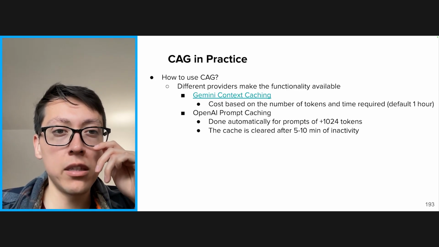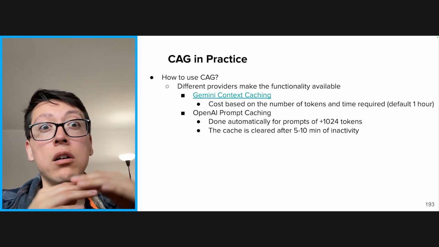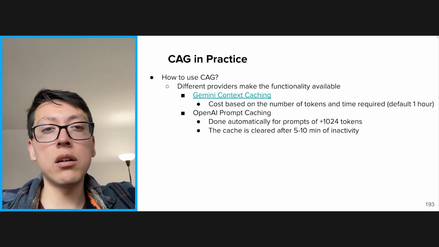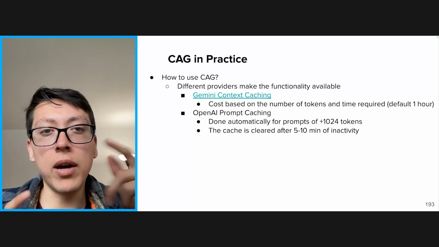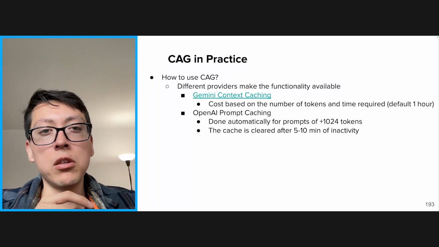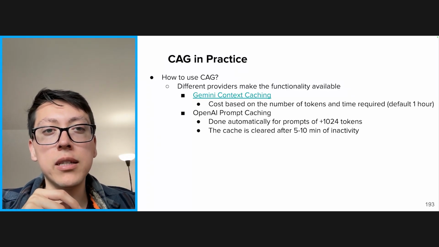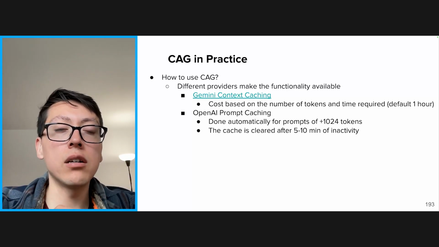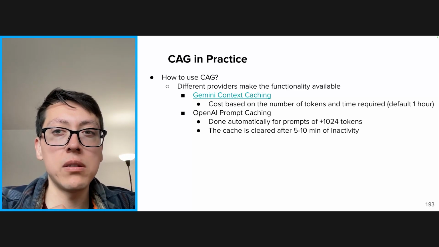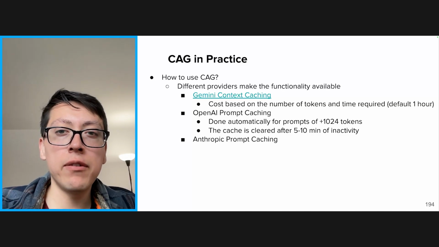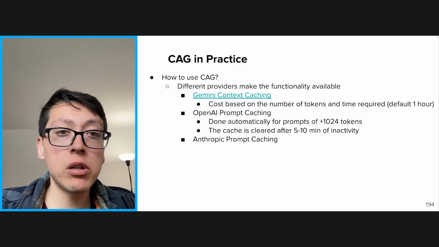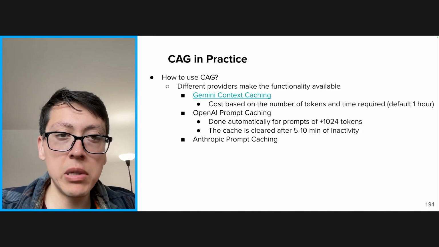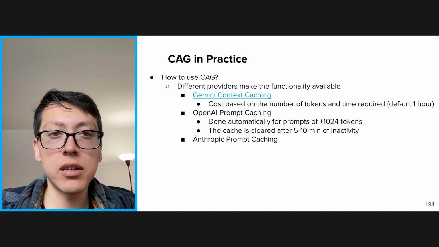So it means that if you ask a question with a long context, and you ask the same context an hour later, then the system will need to recache the content in your documents. And you have Anthropic prompt caching, which works similarly to the OpenAI prompt caching feature.